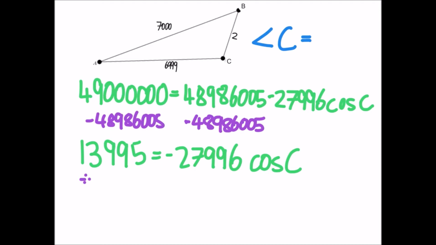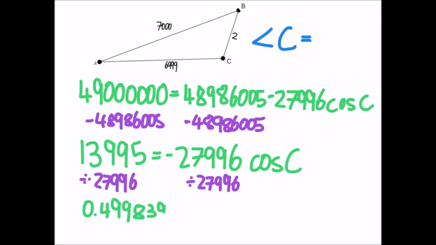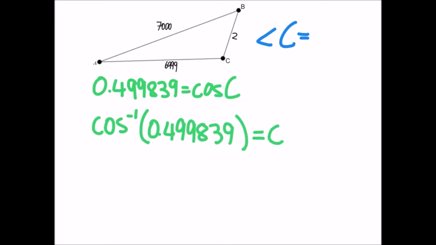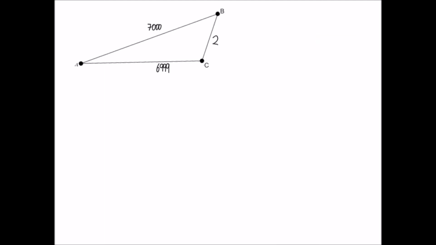Then, divide by 27,996 on both sides in order to isolate cosine C. This will result in 0.499839 is equal to cosine of C. To solve for C, it is necessary to take the inverse cosine of 0.499839, meaning that C will be approximately equal to 60, which also means that angle C is 60 degrees.